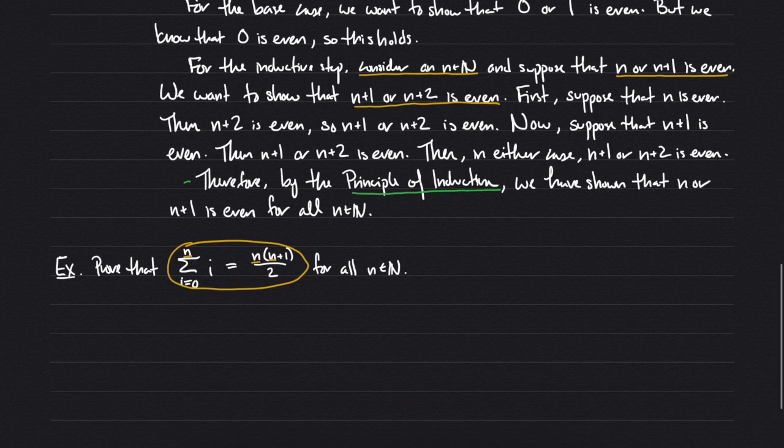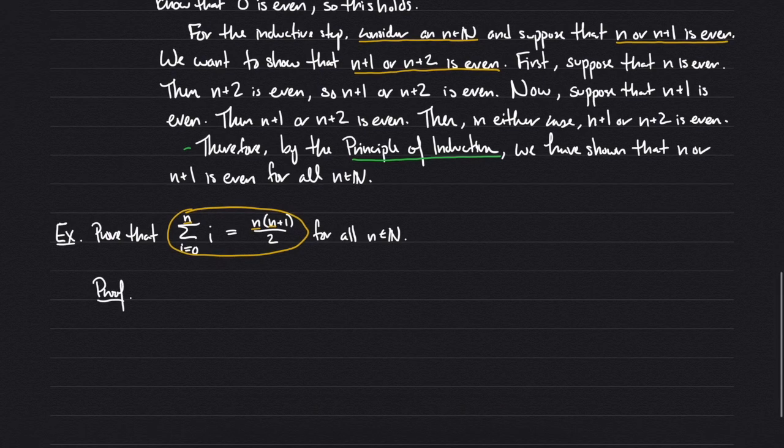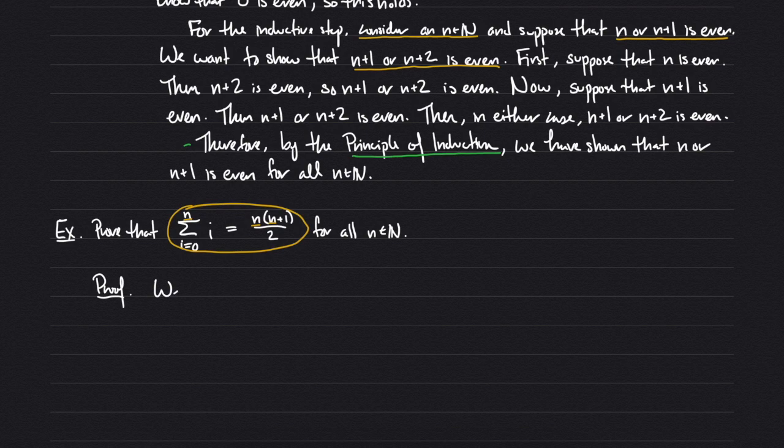Okay, so now I want you to pause the video and try to do this yourself, or at least think about how you would do it, and then watch the solution which is about to come. That way you'll learn the most. Okay, so how will we prove this? So the first paragraph should be telling the reader something about what's about to happen.